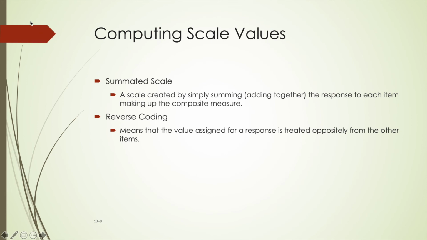Now, a summated scale is a scale created by simply summing or adding together the response to each item, making up the composite measure. And if you see here in the textbook, they show you this on page 300, where you strongly agree, disagree, and so forth. And here you just add up the responses, and then you can average those responses.